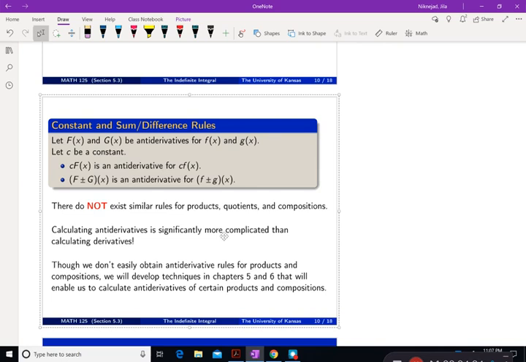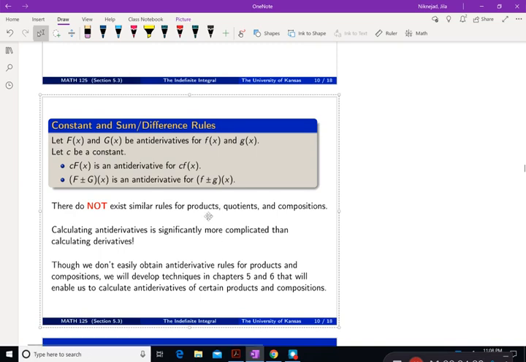In chapters 5 and 6, we're going to develop some techniques, and some of them come from the chain rule, and some come from the product rule in derivatives, to take care of the products and quotients that we want to find antiderivatives of.